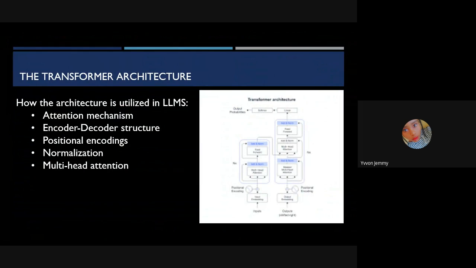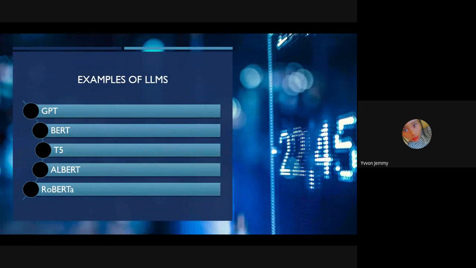And then there is the transformer architecture. These LLMs use things called transformers. The word transformer came from the fact that you can change what it does. For example, you can use it to answer questions and then transform it to summarize an article.